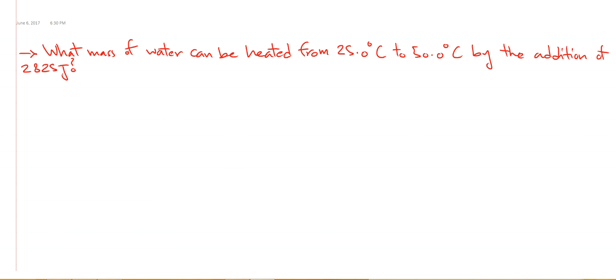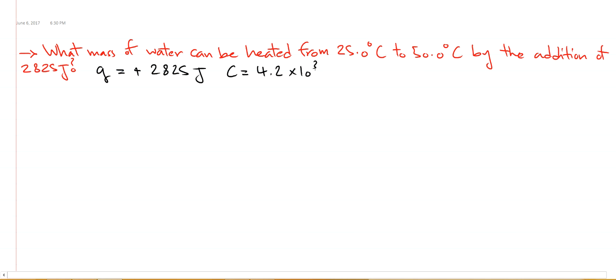Our last question is, what mass of water can be heated from 25 degrees to 50 degrees by the addition of 2825 joules? I'm going to start off by finding the variables. Now our Q is equal to positive 2825 joules, and my specific heat capacity of water is going to be 4.2 times 10 to the power of 3 joules per kilogram per Celsius.